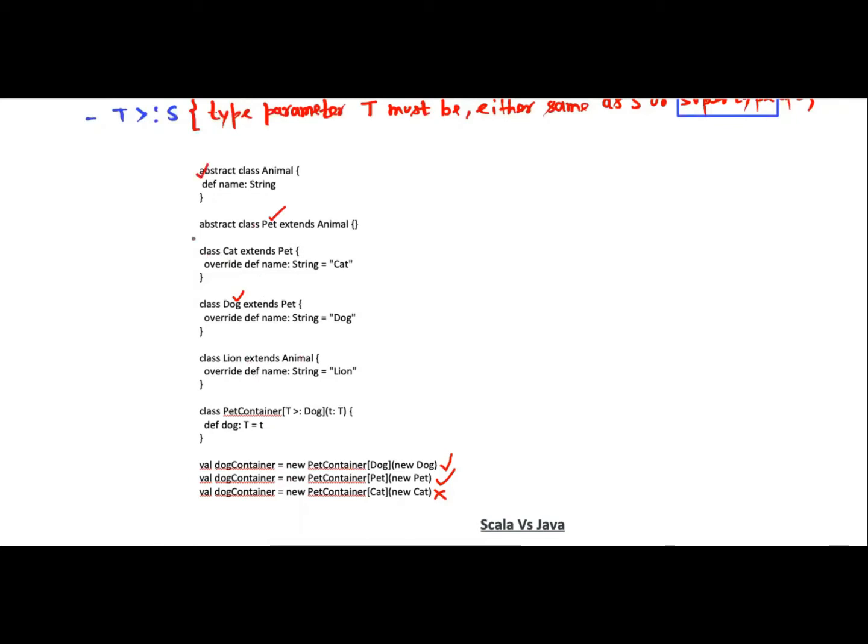Although this is an abstract class and we are not supposed to create an object like we have created here, it is just to show you as an example. So you can pass either that particular class object, or the superclass.